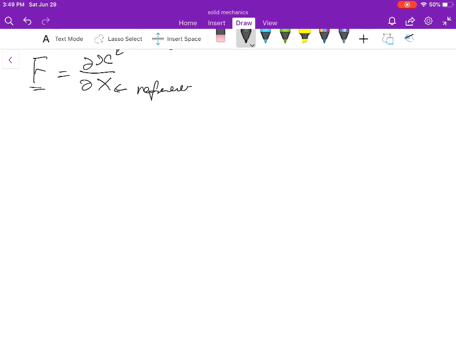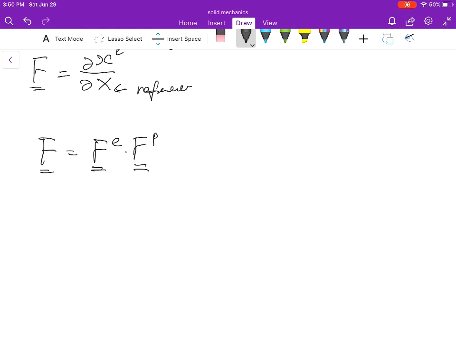First, we all know that the deformation gradient tensor can be decomposed as I just wrote, the multiplication between the elastic part of the deformation gradient tensor and the plastic part of the deformation gradient tensor.